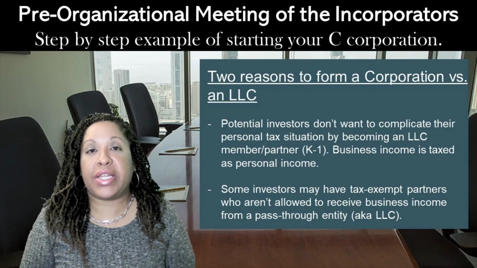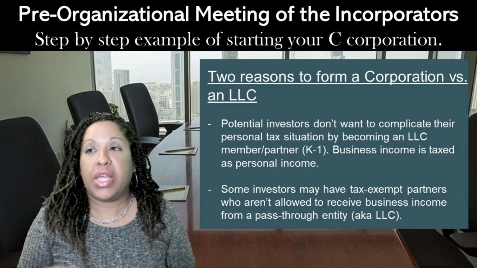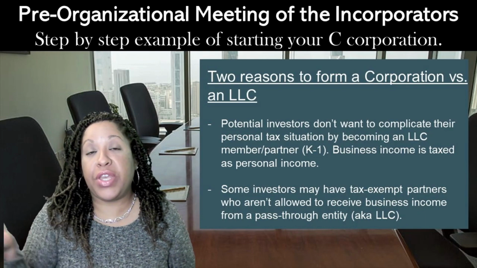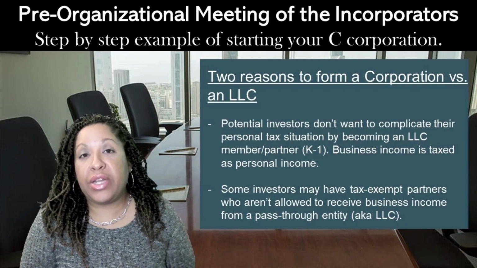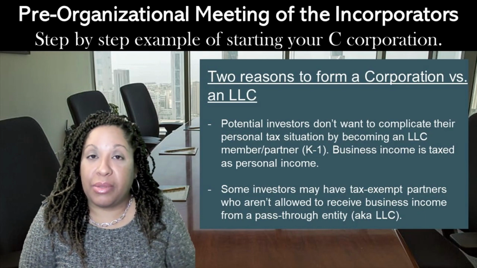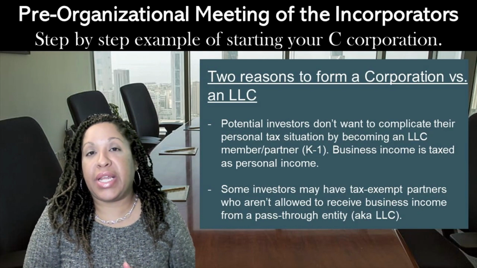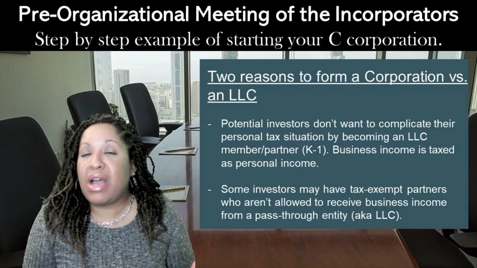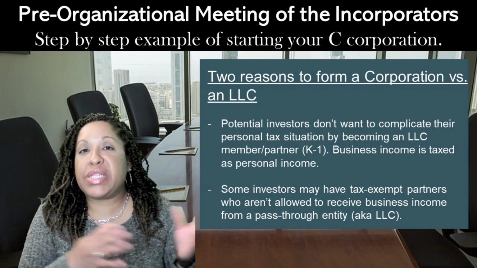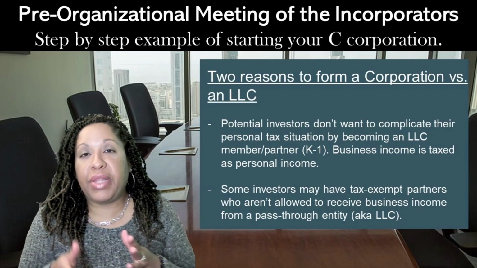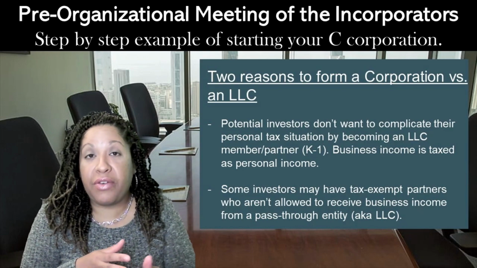Like let's say there's an investor that's a corporation and they want to invest in your business via their corporation, but your business is a limited liability company instead. That means that person has to obtain a K1, and they might not want to report business income on their personal income. It might just complicate things for whatever reason they have.